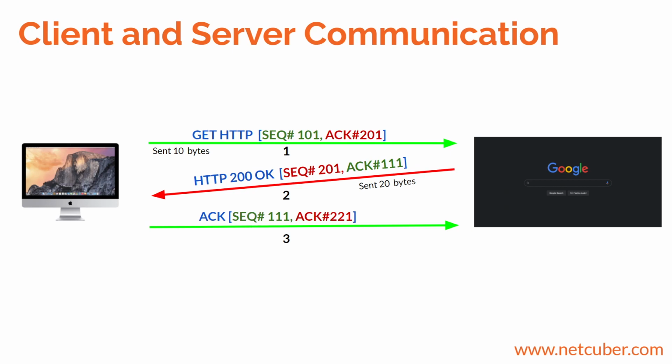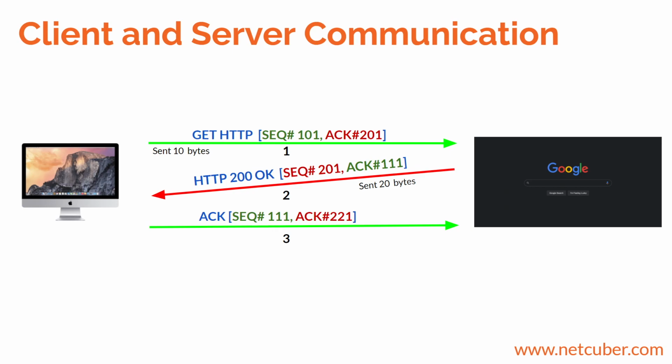And when a client and server are communicating, let's say the client is requesting some details, sending a GET HTTP request. So what happens? It uses the same sequence numbers where they stopped, which are sequence number 101 and 201, which is the server sequence number.